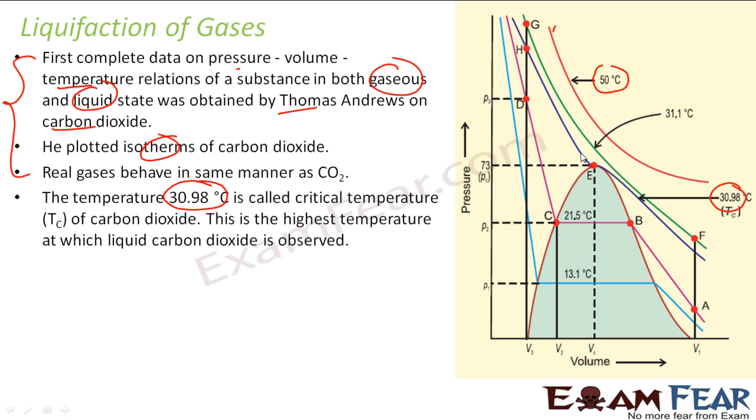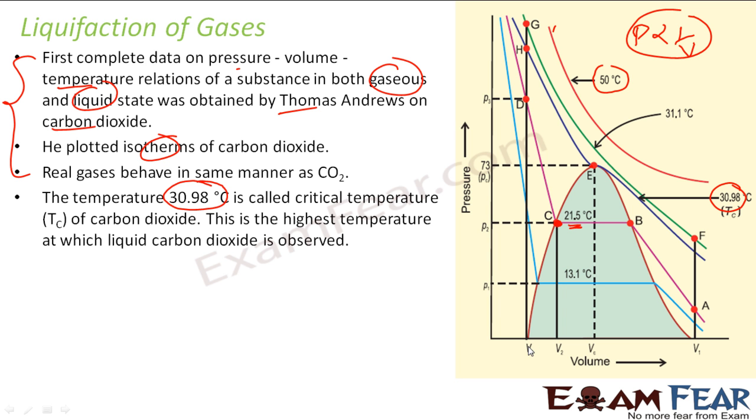And he observed good trends here actually. If you see, when he was plotting the graph for 21.5 degrees Celsius, he got a graph like this. And after point C, he reduced the pressure further, but the volume was constant. If you see from here, he was reducing the pressure, since I told you that pressure is inversely proportional to volume, right? So he was reducing the pressure, the volume was increasing.